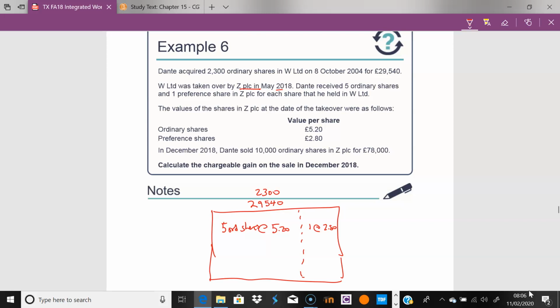Here I have the total value of this: 5 times £5.20 is £26, and here I have £2.80. So in effect, what you now have is a ratio of 26 to £2.80. So 26 over, if I want to know what the cost is of this area, times this, because it's all about cost, isn't it?